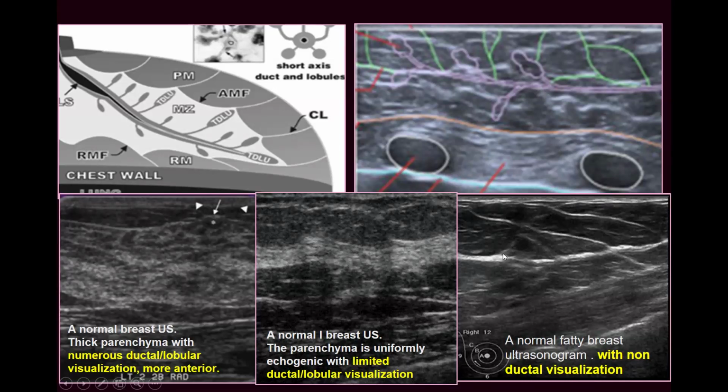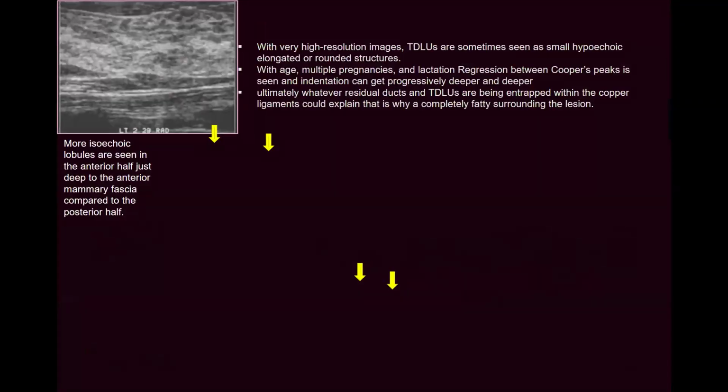Could you imagine where these terminal duct lobular units and these ducts could be available within this fatty breast, where we could find them? Posteriorly. Okay, let us continue.